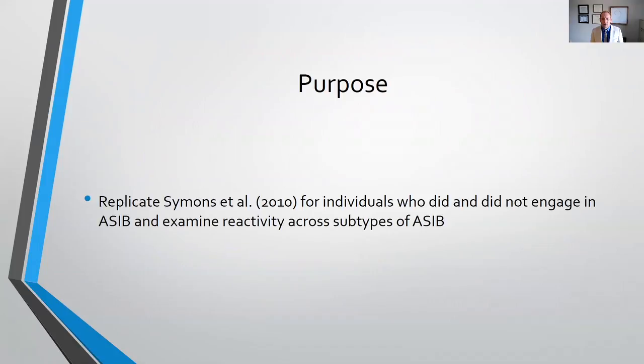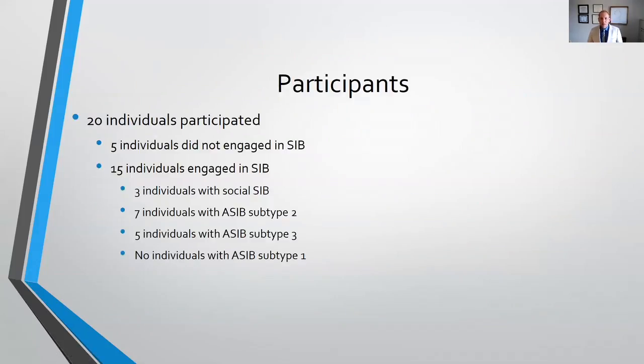Now, these data are preliminary in the sense of drawing meaningful conclusions about these different classes. However, I do think that they show the utility of the modified quantitative sensory testing model. So we had 20 individuals who participated. 5 of those individuals did not engage in self-injurious behavior. Those individuals were admitted to the unit for behavior such as aggression. 15 of the individuals did engage in self-injurious behavior, and you can see the distribution of those individuals.